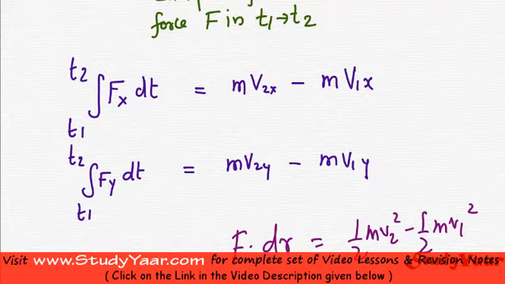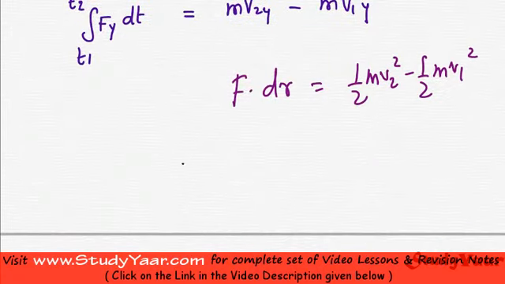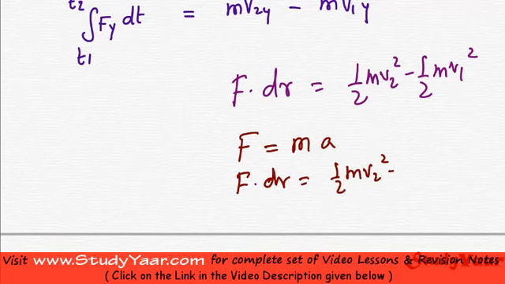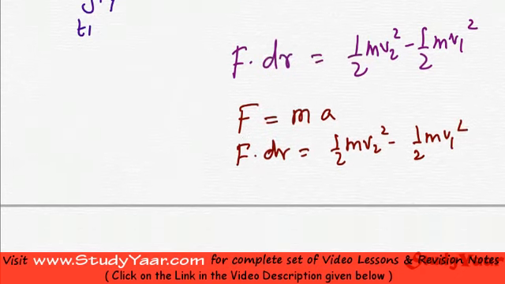So the same problem can be solved in three different ways. F equals ma relates force and acceleration. F dot dr equals half mv2 squared minus half mv1 squared relates force, distance and velocity, or rather speed.